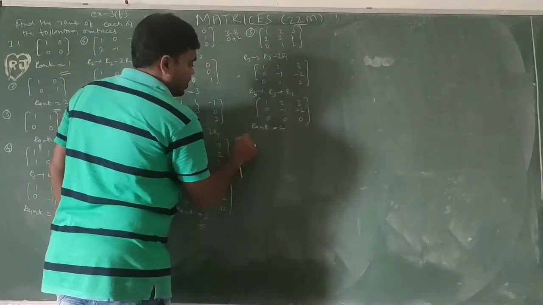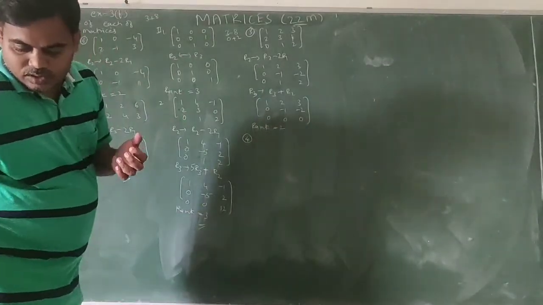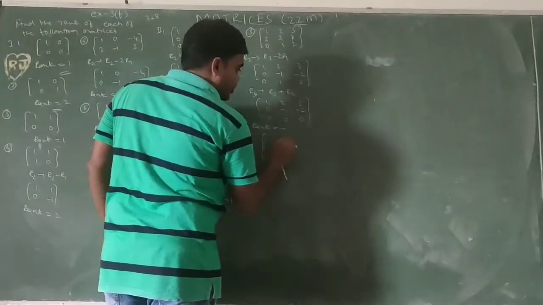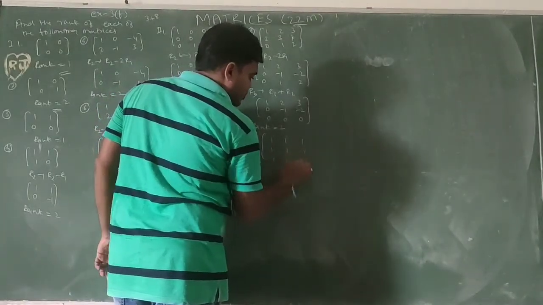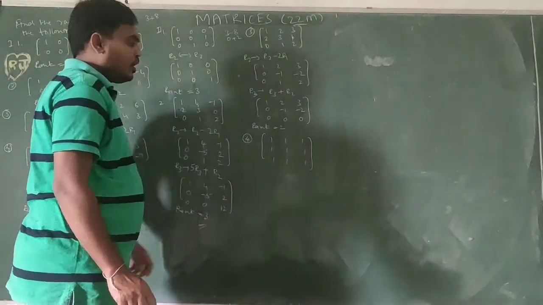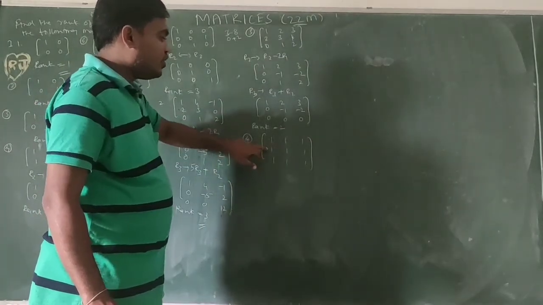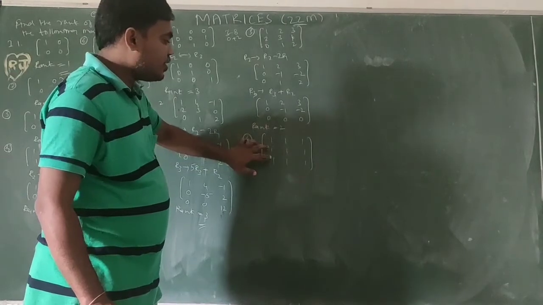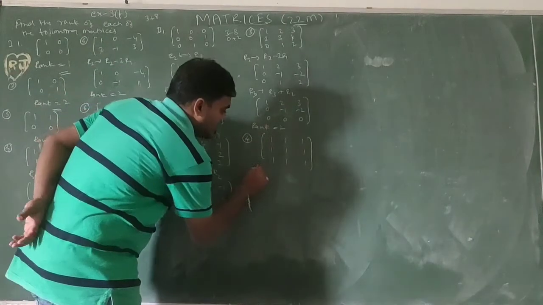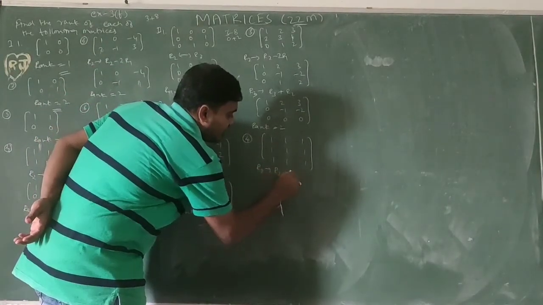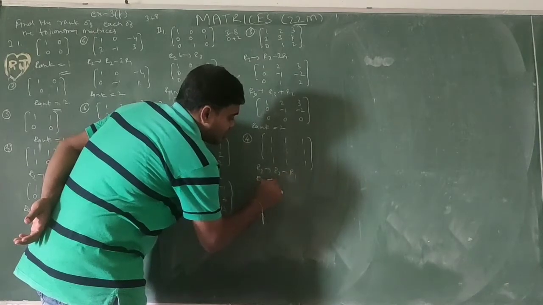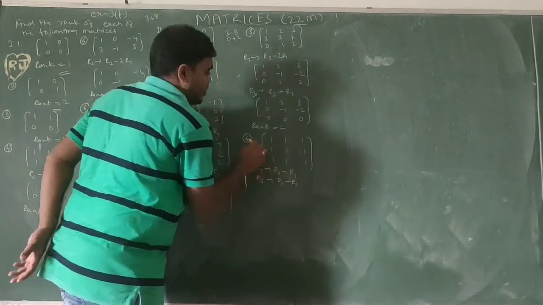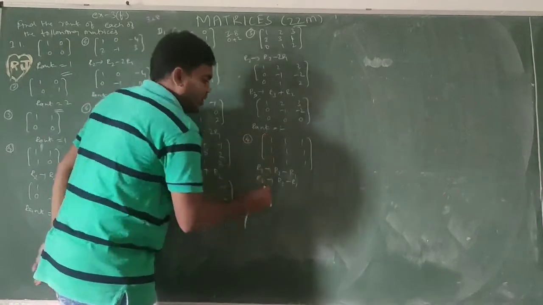Next question number 4. Fourth question all ones. Okay, now I want to convert these. This one equal to 0, this one equal to 0, this one equal to 0. Next step. First these two elements should be 0. R2 changes to R2 minus R1. R3 changes to R3 minus R1. Since it is 1, all these are equal.